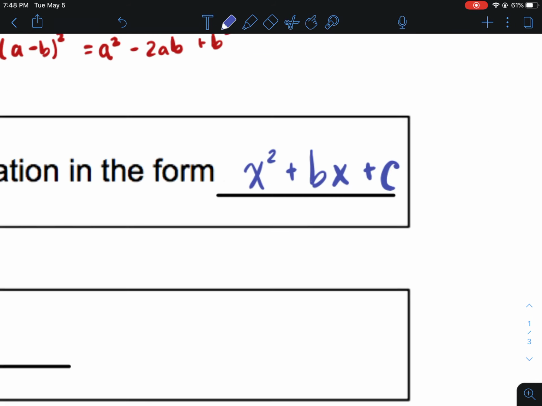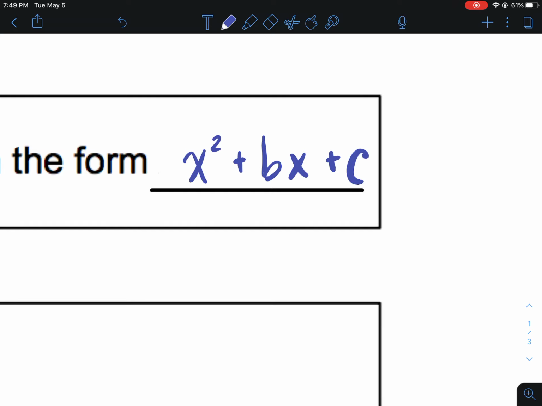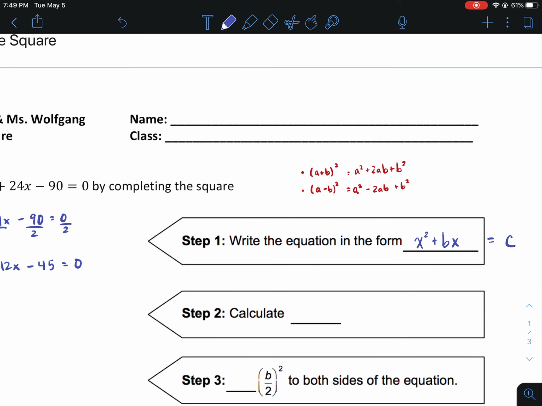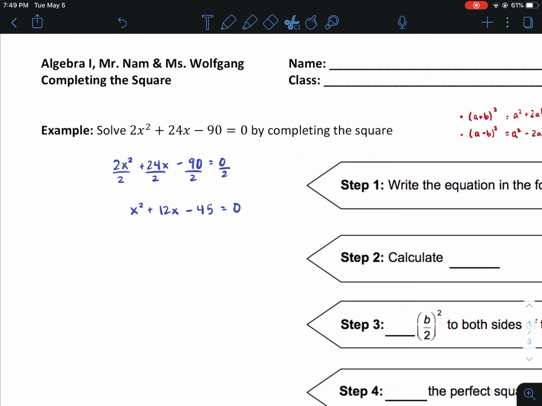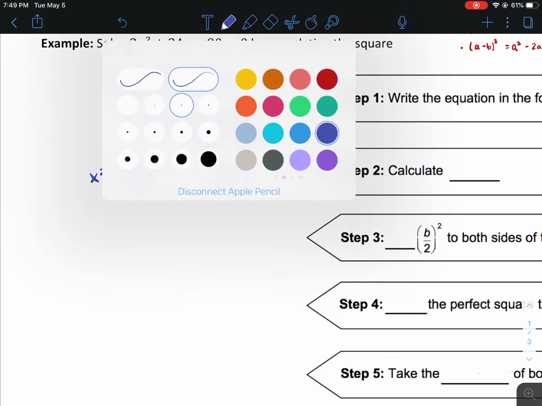And actually, I'm going to modify this a little bit. I'm actually going to make it so we want this constant on the opposite side, okay? So in this case, we're also going to add the 45. So we want x squared plus 12x equals 45. Okay, and here's why we do that, right?